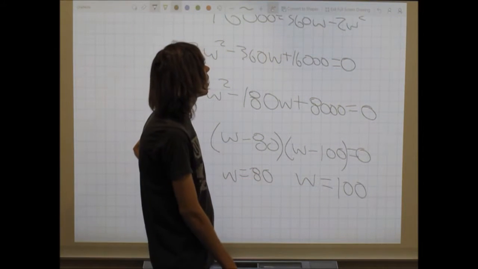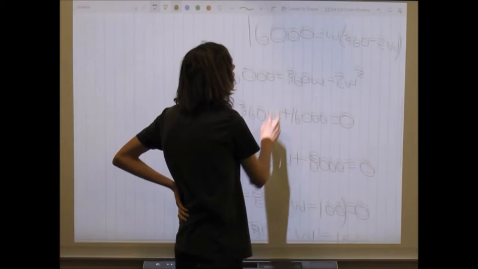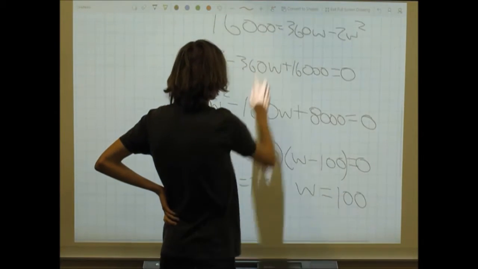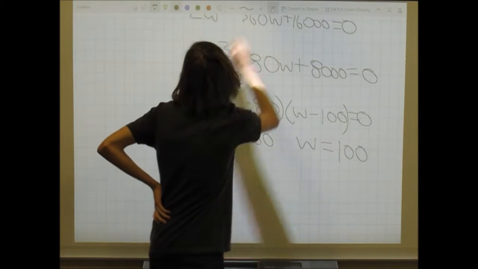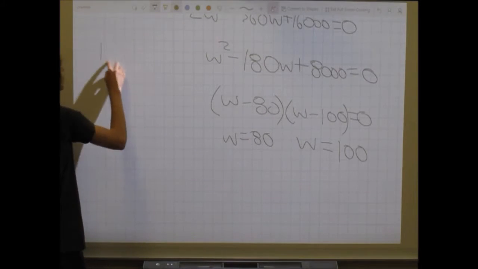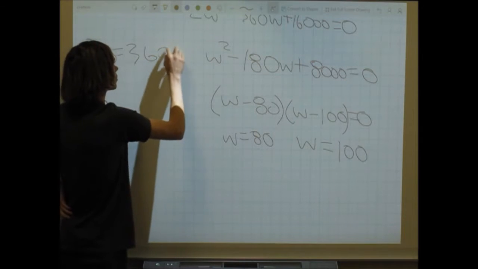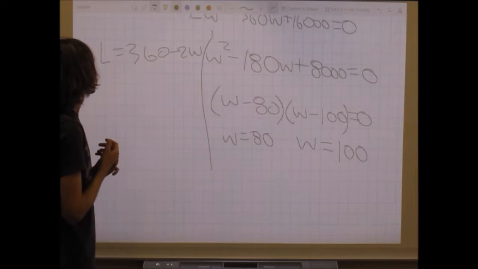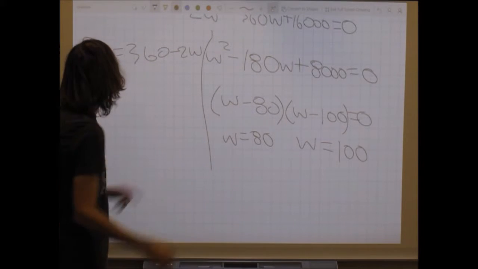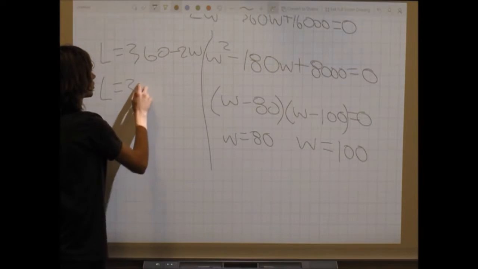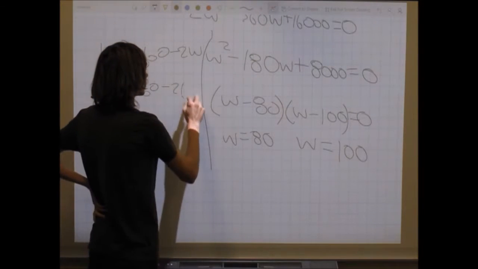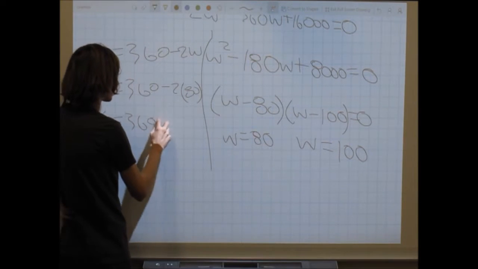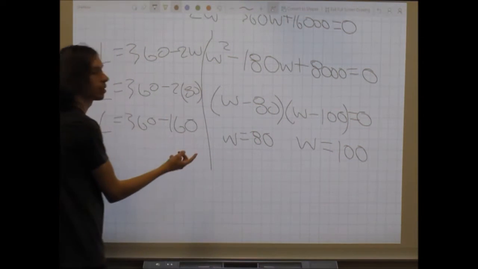And then if we go back to the original, back up here, remember that length is 360 minus 2W, right? So let's write that over here. Okay, so we plug in 80, we get 360 minus 160.